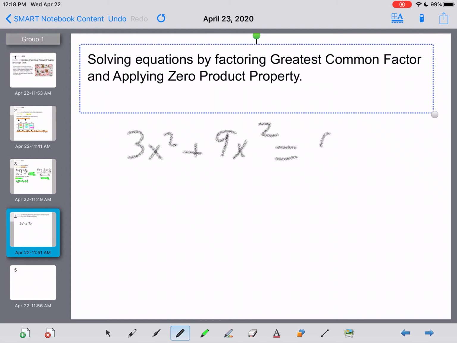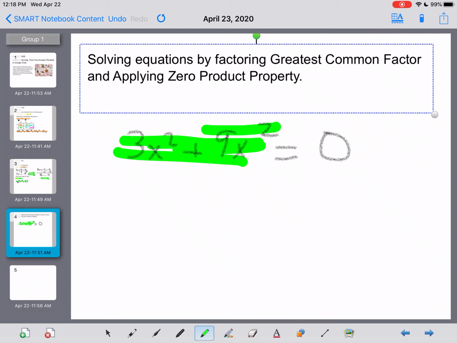Remember, when I solve an equation, I'm trying to find the value of x that makes it true. And right now, how it's written, it's going to be very difficult to do that. If I'm using zero product property, I need to have this expression written in factored form. So let's do that. I'm going to divide out the greatest common factor.